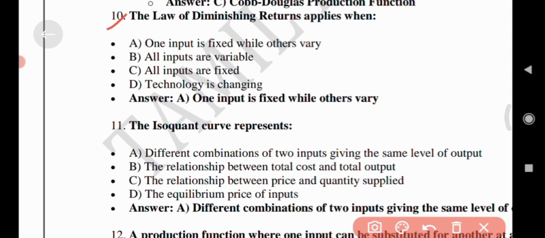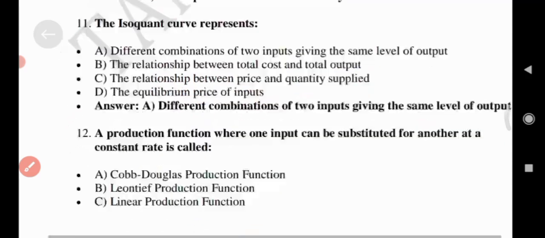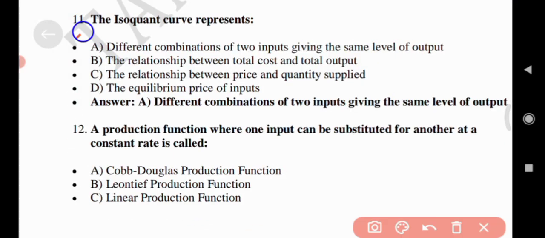The law of diminishing returns applies when option A, one input is fixed while others vary. The isoquant curve represents different combinations of two inputs giving the same level of output.